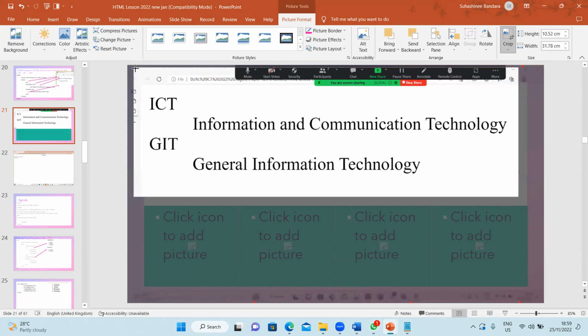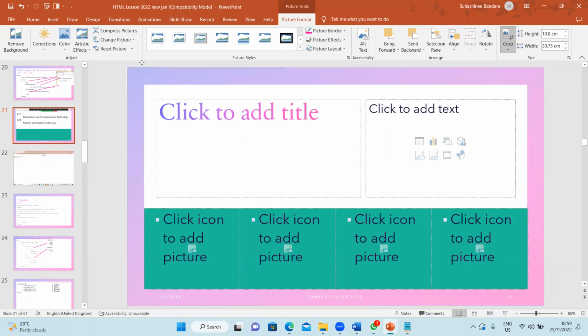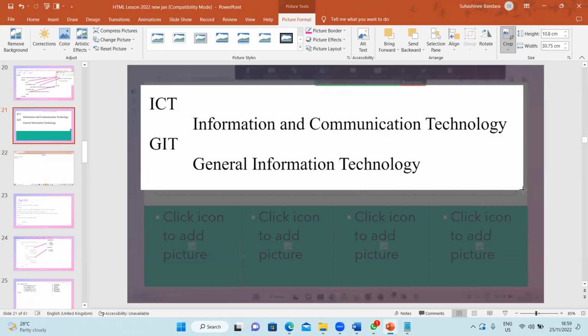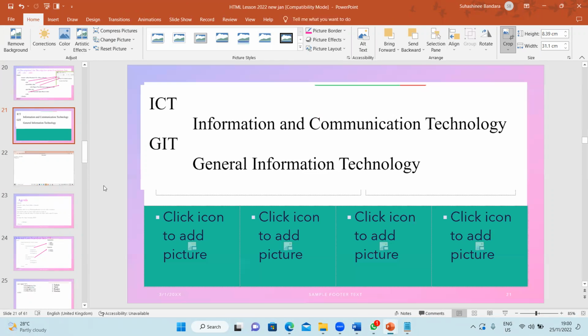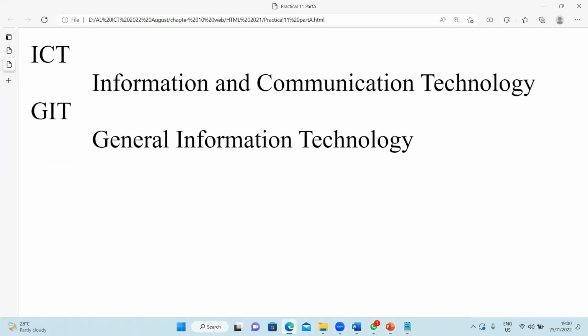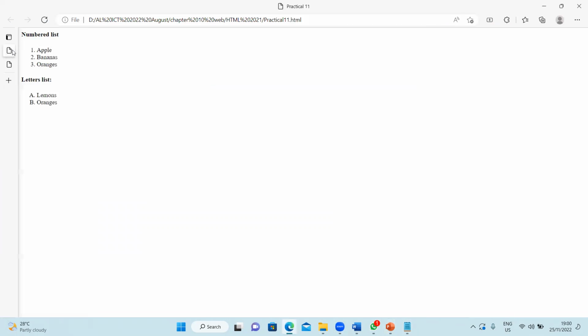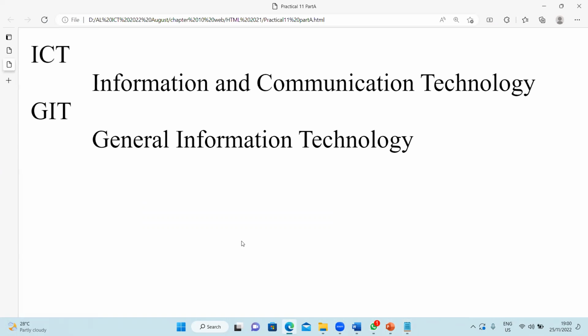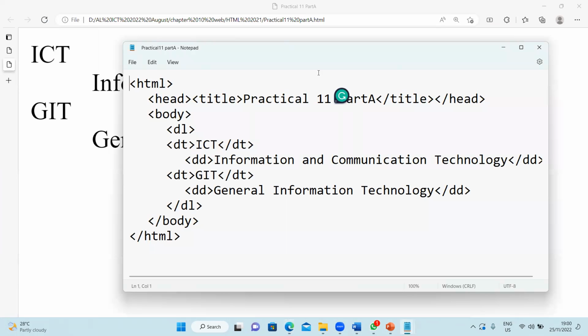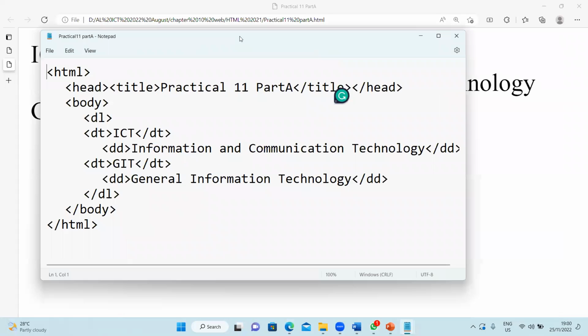Try it first, and at the same time I will show you, and you will get the title bar. So the title will be practical 11. Okay, so I will show the coding of this one. Okay, try by looking quickly.